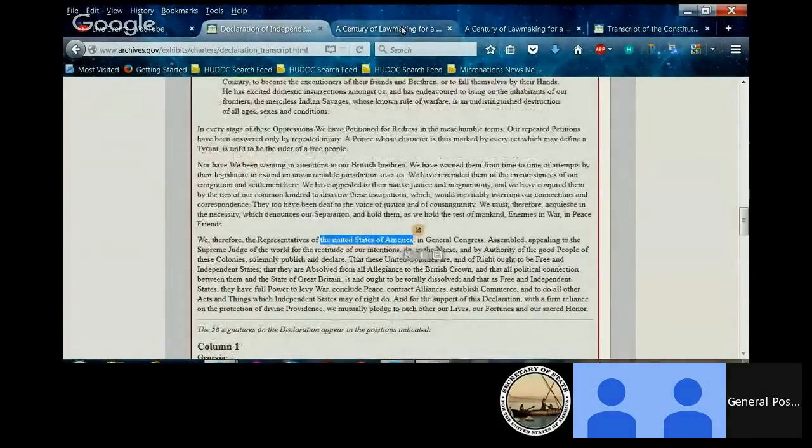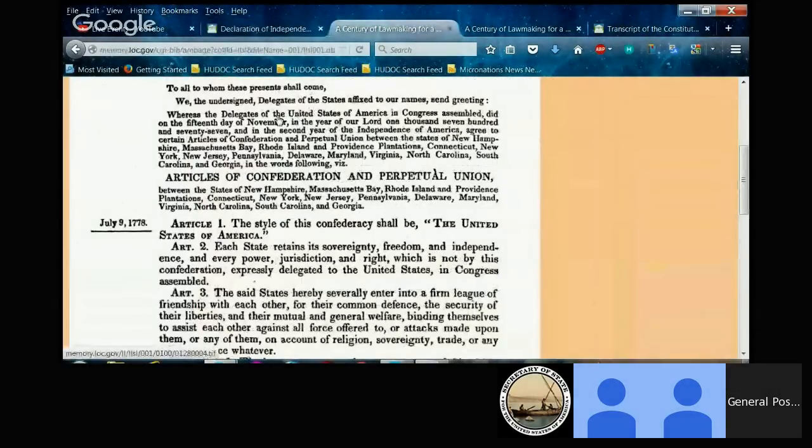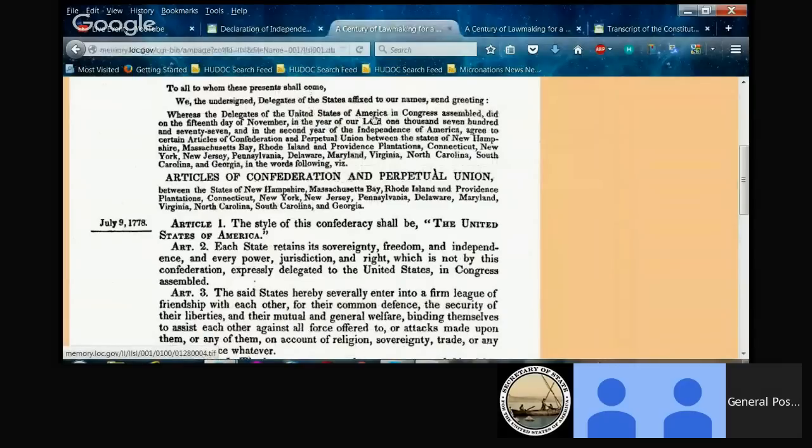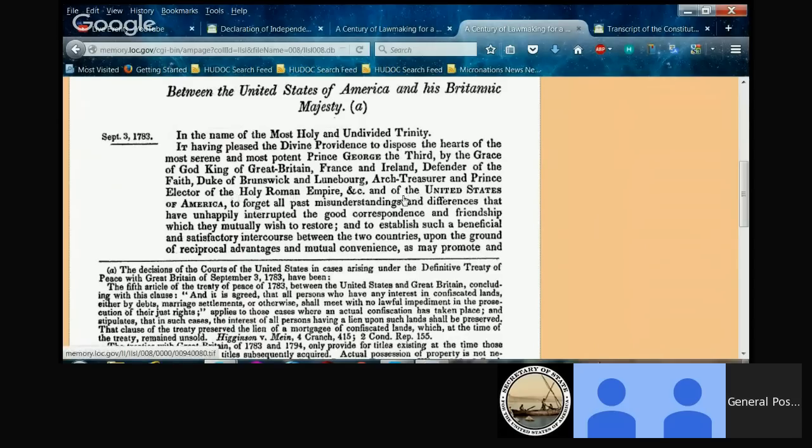It was not in the Articles of Confederation except for right here. Then it was changed right here when they declared the style. So that means the country was the United States of America. That's where all the independent states went to. Okay, and then this is where that entity comes up again, the United States of America, with the arch-treasurer as its arch-treasurer.